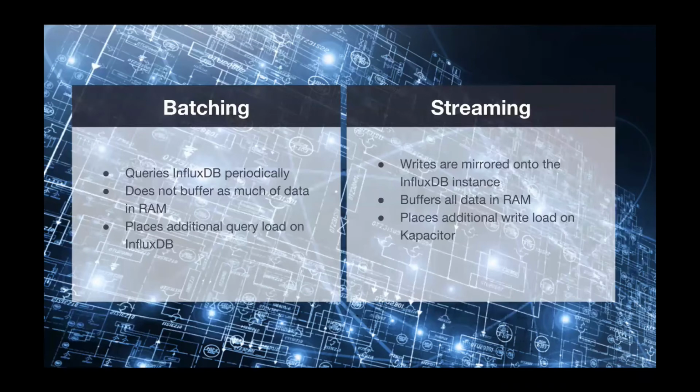And then it's also placing a slightly additional write load on Kapacitor. But you're getting that extremely low latency, like the lowest possible latency, with stream tasks. Whereas batch tasks are great if you want to do roll-ups of the data, like if you want to downsample it, or if you need to perform aggregate functions. So for example, finding the mean of the usage_user on a 5-minute window is great in a batch task.